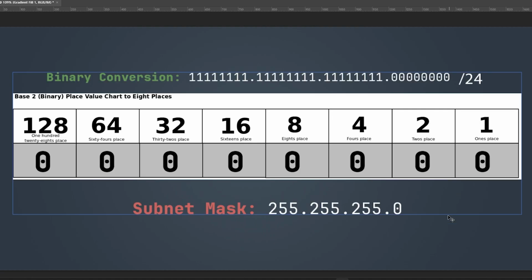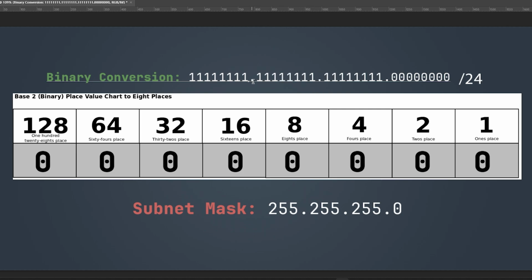So when we're borrowing host bits, essentially what it's going to look like under the hood is this. Here we have the /24 as a subnet mask, and we also have the binary conversion. These are octets.